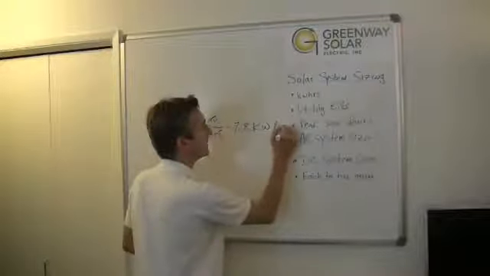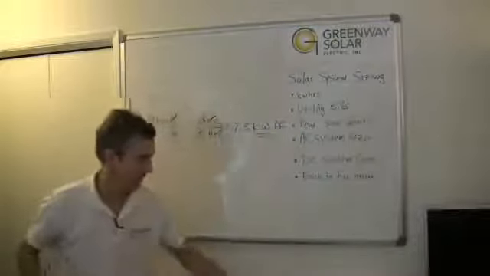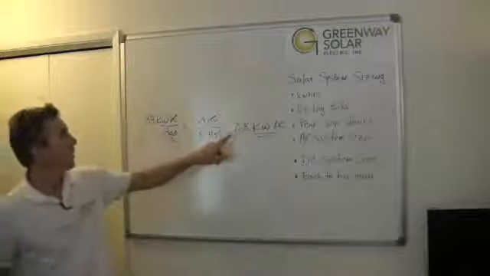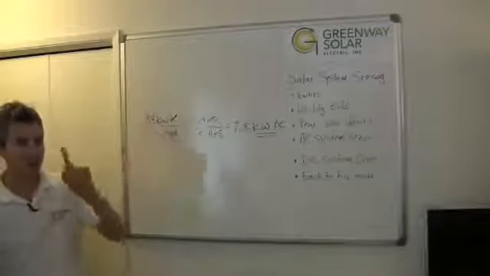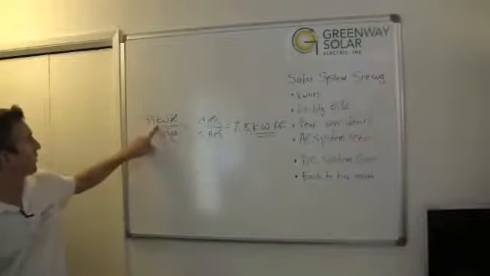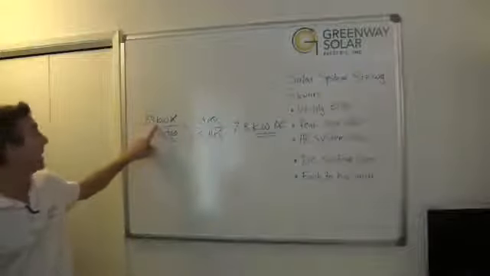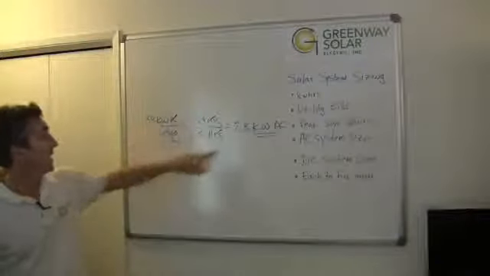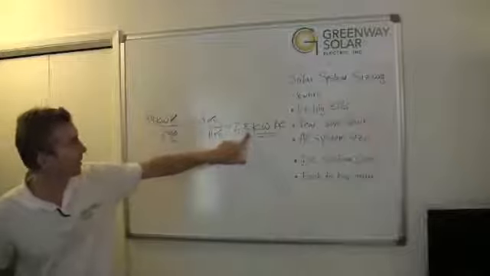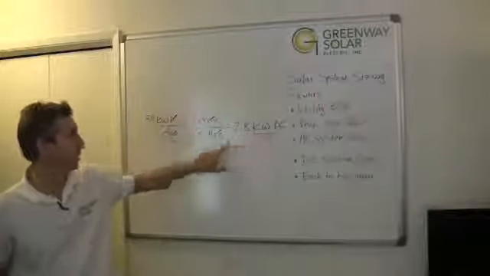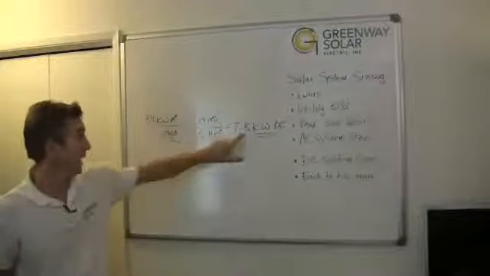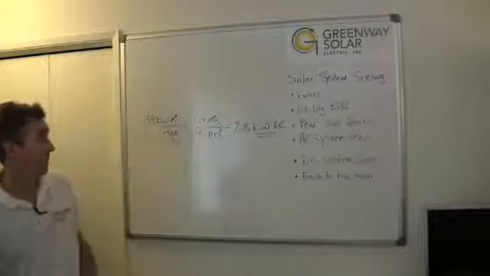And I'm going to write AC. That's important. All right. So, in order for this customer's solar system to provide him 39 kilowatt hours a day, he would have to have a 7.8 kilowatt AC system, right? Multiply that times that, you get 39.